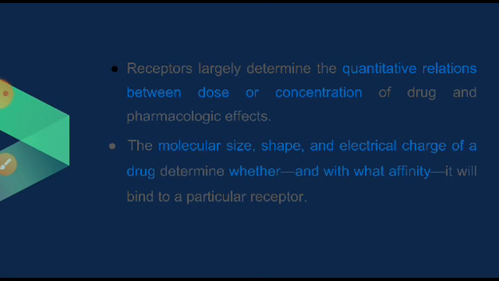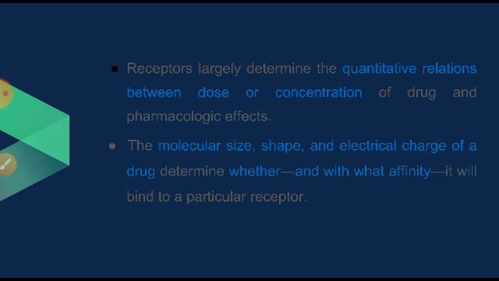Another important factor which is coming here is the molecular size, shape and electrical charges of a drug. So when we make a drug, as a pharmacist or a pharmaceutics person, when you design a drug or a formulation, you have to keep in mind the molecular size, the shape and electrical charges of a drug molecule, right.